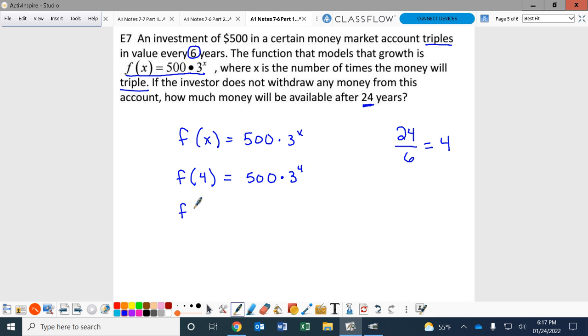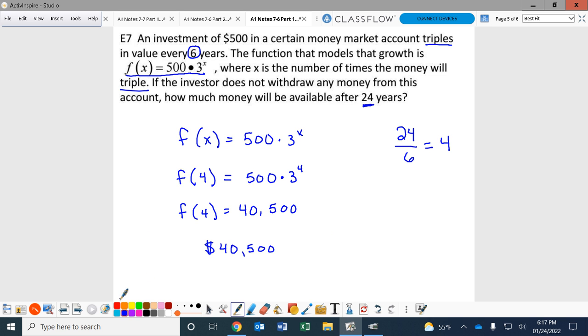Type that in on the calculator. That would be 500 times 3 power button 4 equals. It's going to give you 40,500. And since this is in terms of money, it's going to be $40,500.